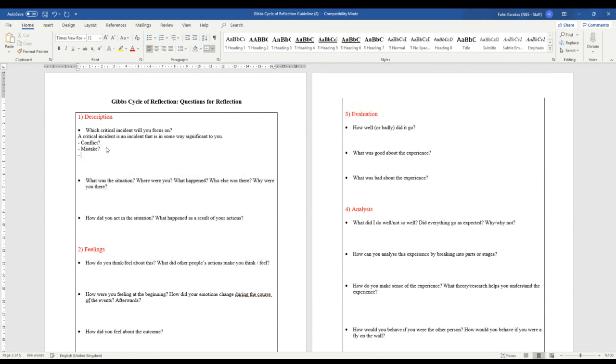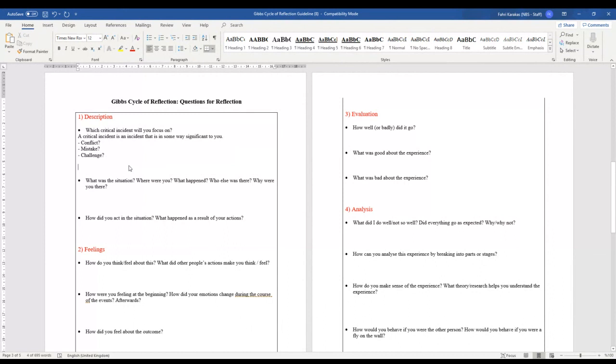Or it can be a challenge that you have dealt with. Like you resolved something really hard, or maybe you are trying to resolve something really hard. So please choose your critical incident and describe it.